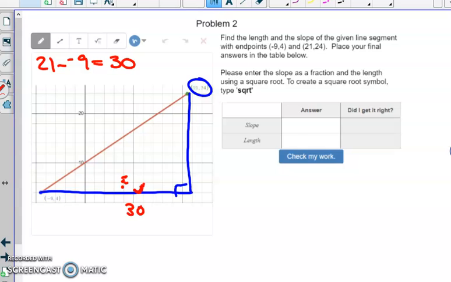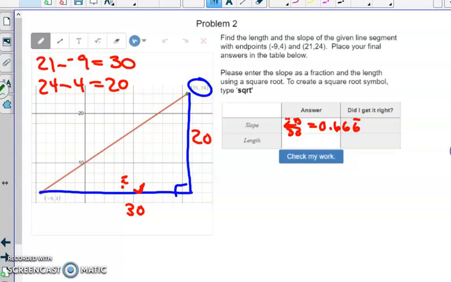And then the rise value will be 24 take away 4, so the rise value is 20. So the slope would be rise over run, so 20 over 30. It'll probably give you something like 0.6 repeating.